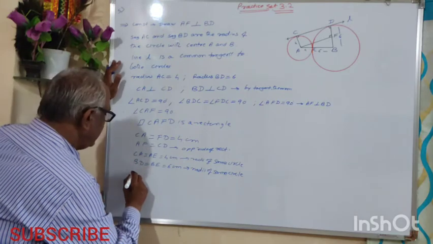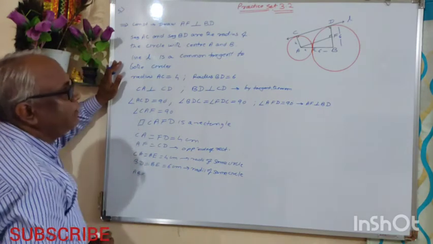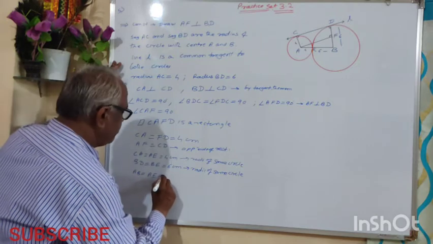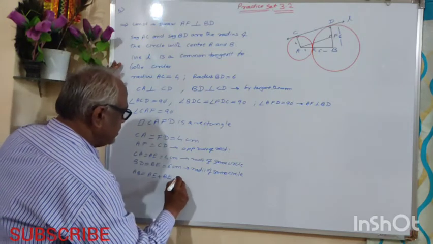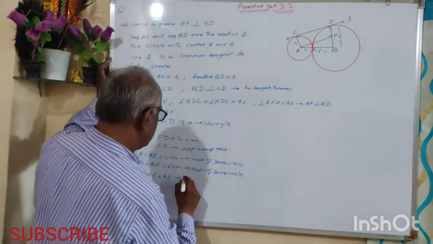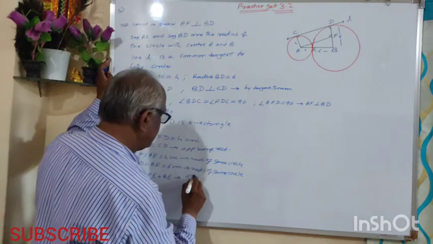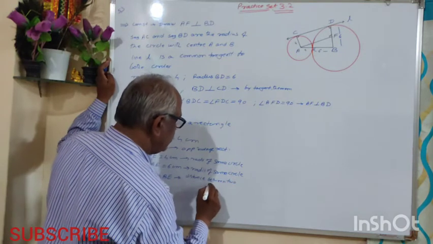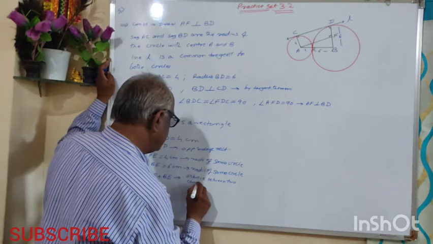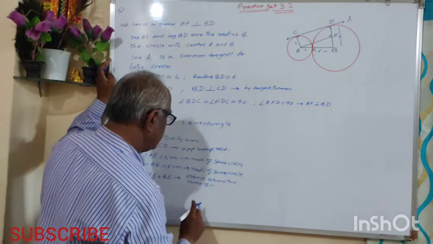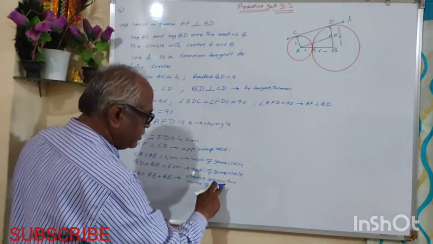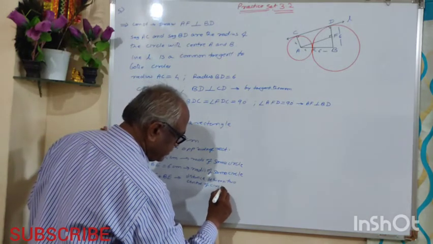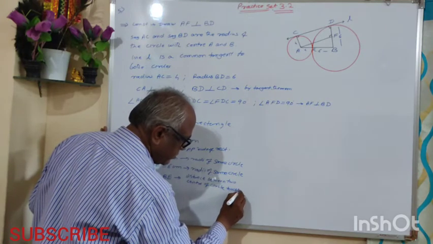Now AB is equal to AE plus BE, that is distance between two centers of circles touching externally.